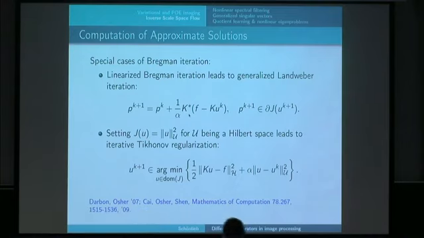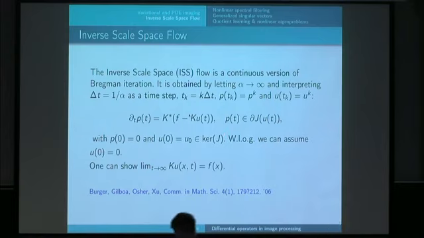And remember this alpha was the weight in front of the regularizer. So if you do that, you end up with a differential equation for the Lagrange multiplier, for this p, the subgradient of the regularizer J.